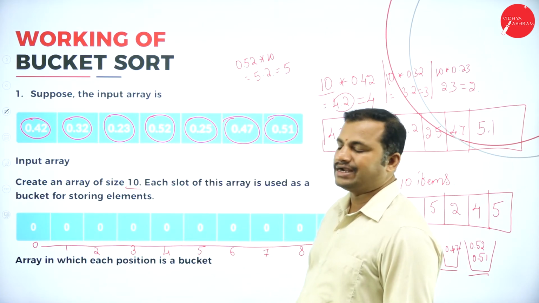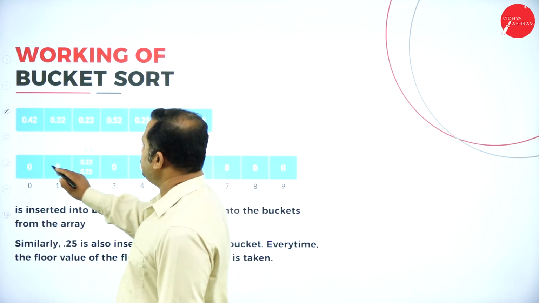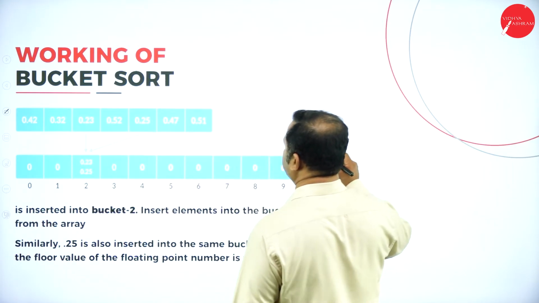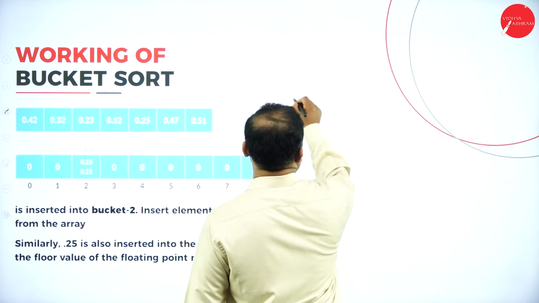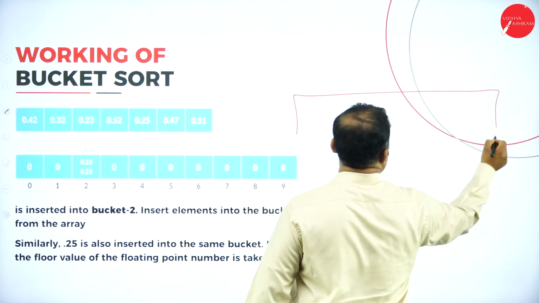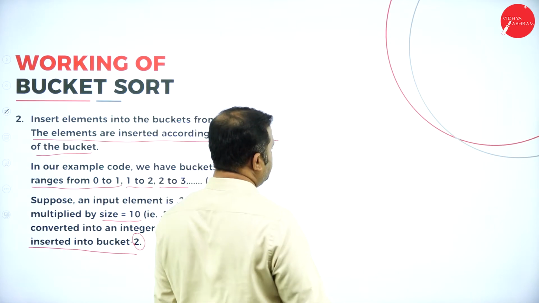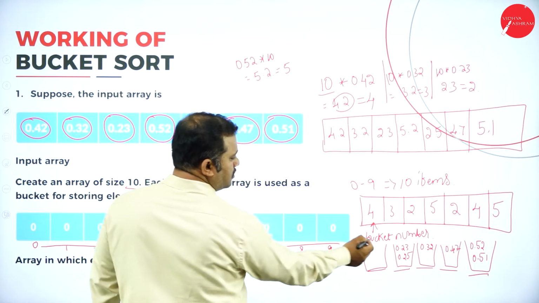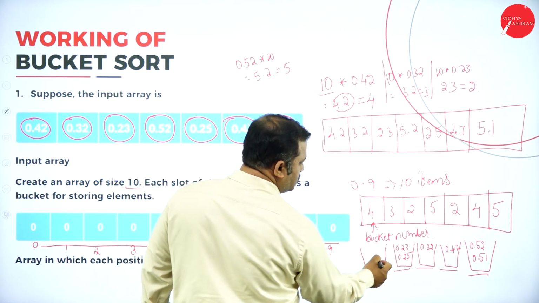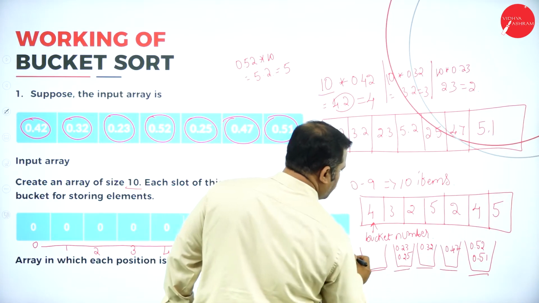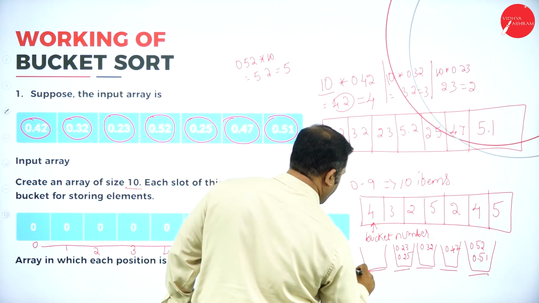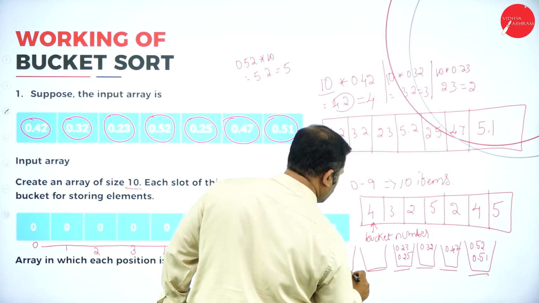How are we going to scatter? Let me show you that. From here I am going to consider 0, 1, 2, 3, 4, that is totally 5, and let me have one more bucket varying from 0 to 1.